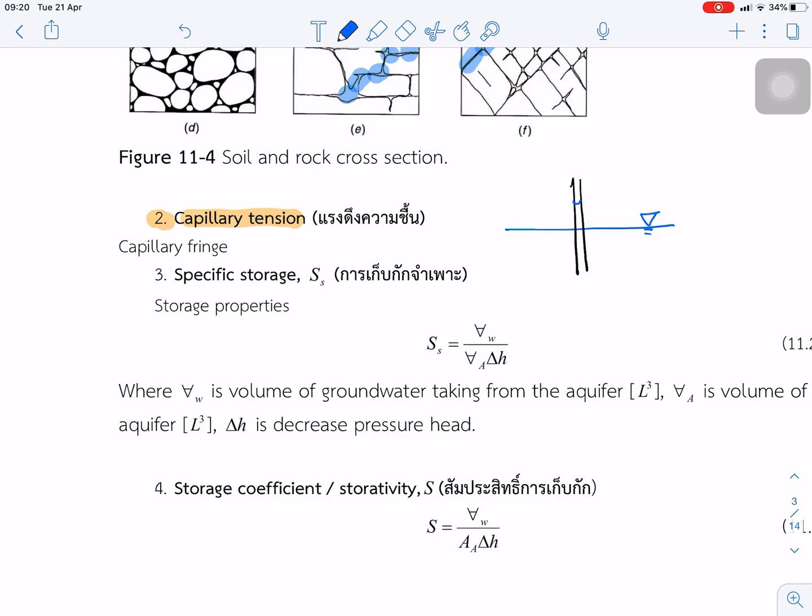This is because of the capillary retention, that the water can move against gravity from the water surface. So this we call capillary fringe.